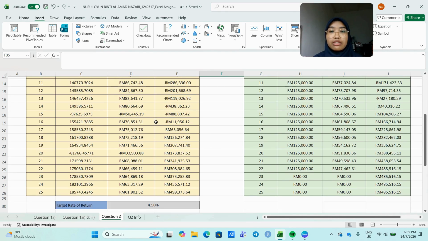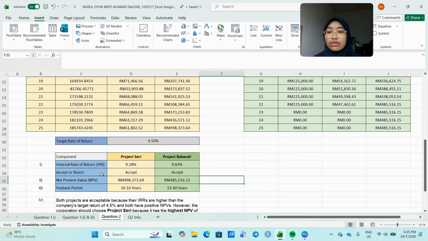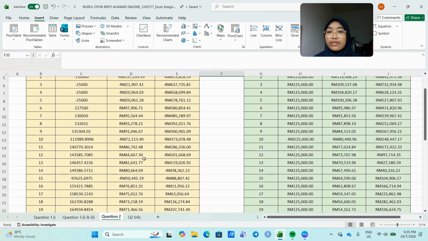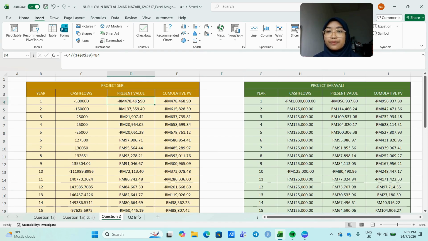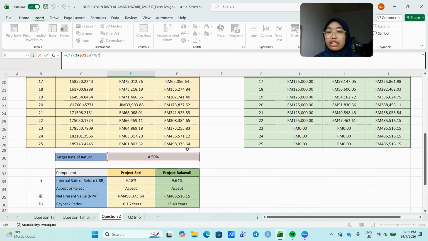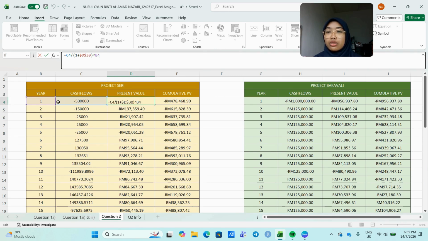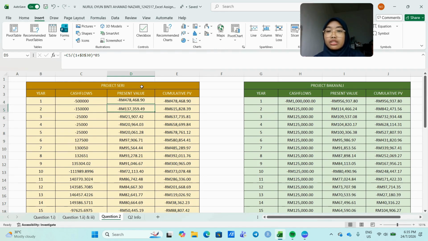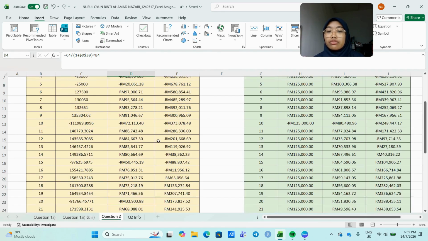So the question needs us to find IRR. So we need to find the present value first. So the present value, I calculate the cash flow over 1 plus 4.5% to the power of year. And then I drag down until year 25.